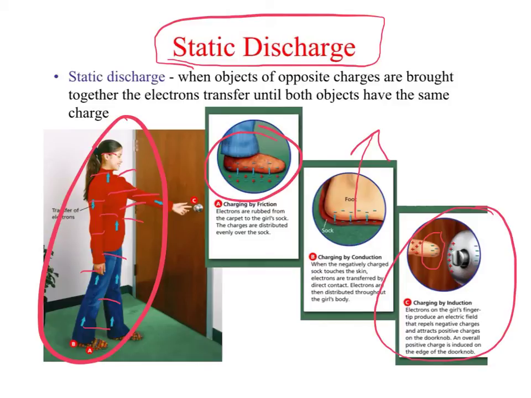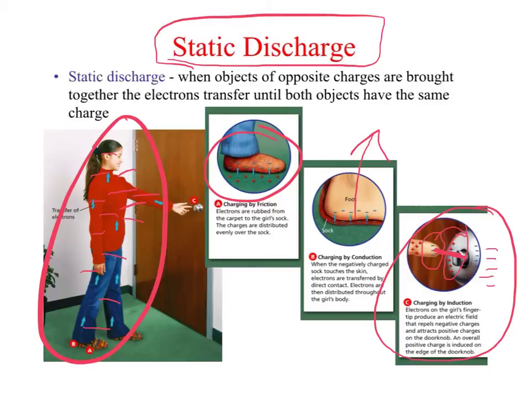The doorknob's neutral, but it will push the negative charges away and cause the surface of the doorknob to be positively charged. And then opposite charges attract, and those electrons will jump from your finger to the doorknob, creating a spark, and that's when you get shocked, and that's called a static discharge.